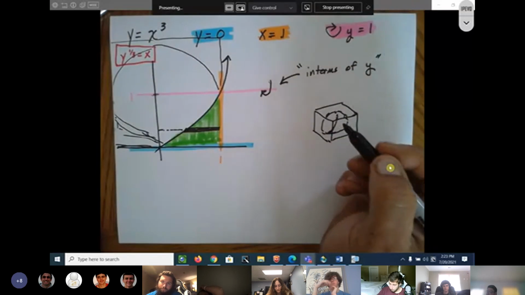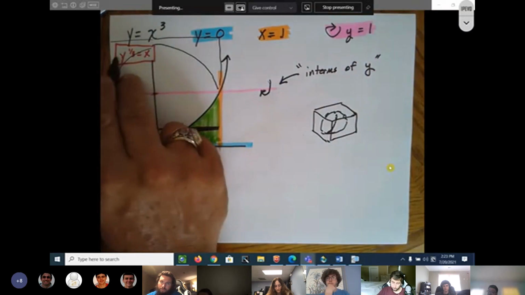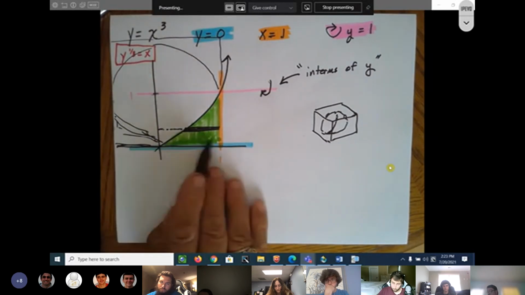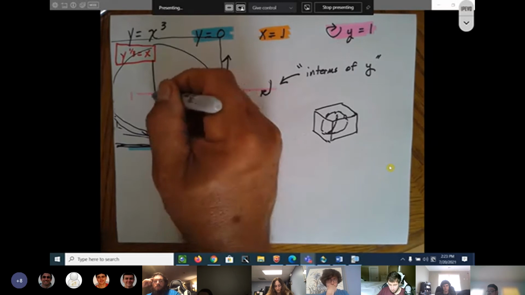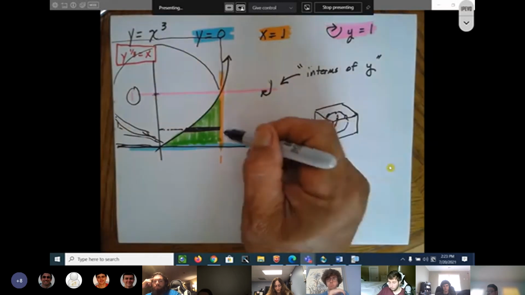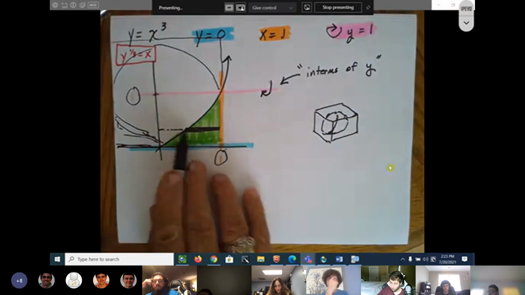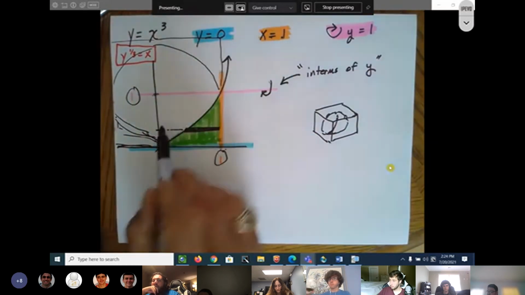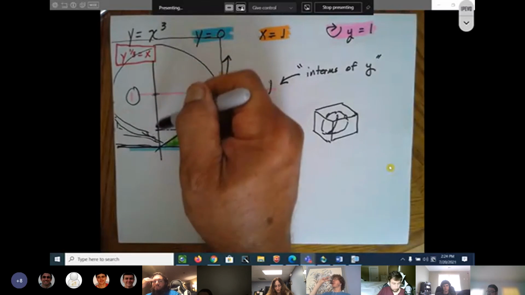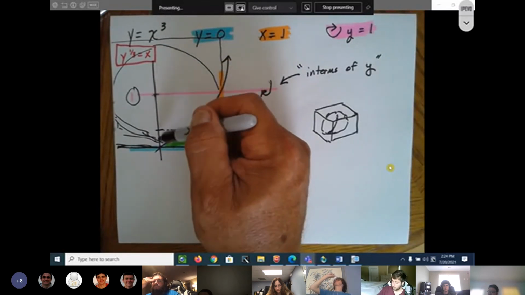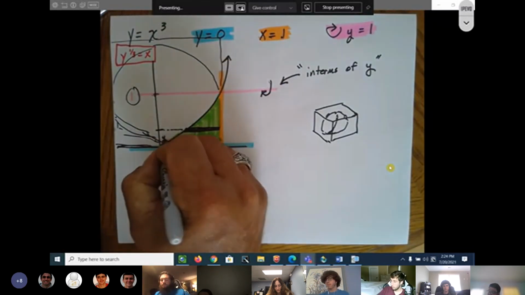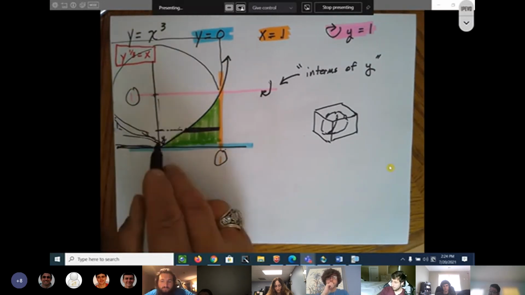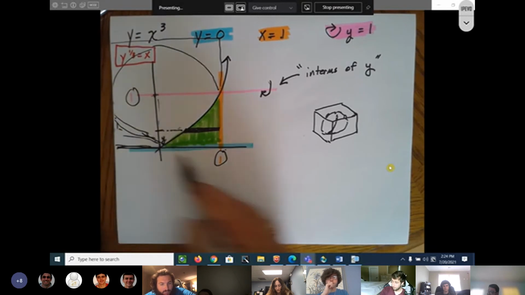And that's going to be your height, your radius. Now you've got to be careful here, because you've got to say, what is this spot right here? That's going to be 1 minus y, because this is y, and y is going up like that. So 1 minus y is going to be your height.